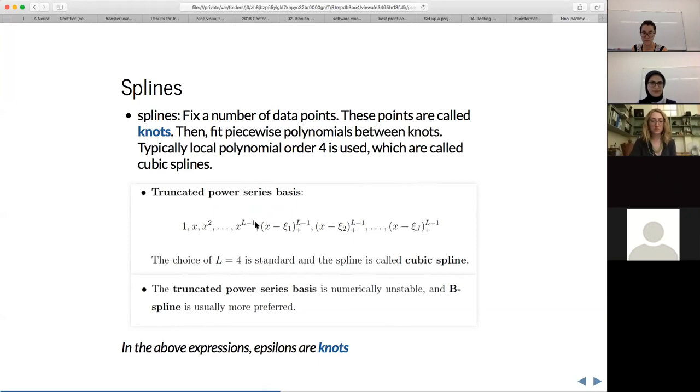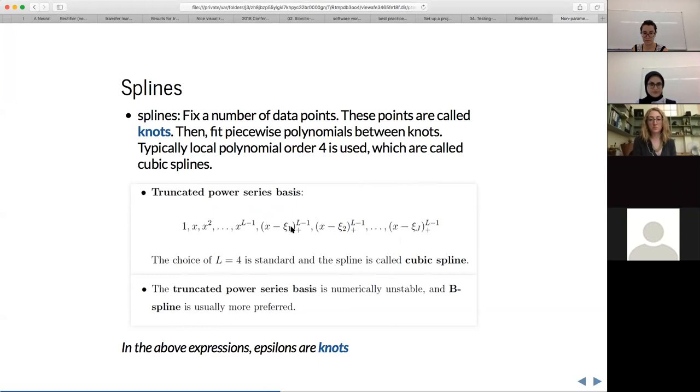order L minus 1. It should also have the difference of my coordinate minus these knots, epsilon 1 to epsilon j. These are your knots. So in this case, you are fixing j knots, so you have all the powers that I can get from my covariate, plus the difference between x and the knots raised to the power of L minus 1, L being the degree of your polynomial.